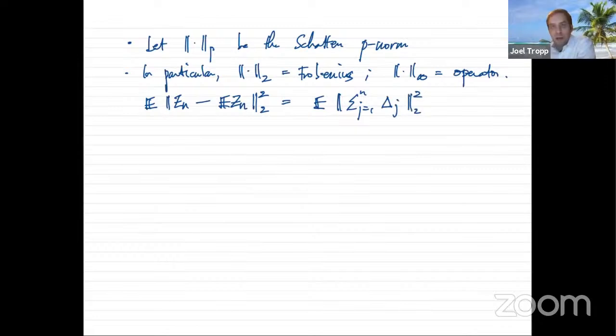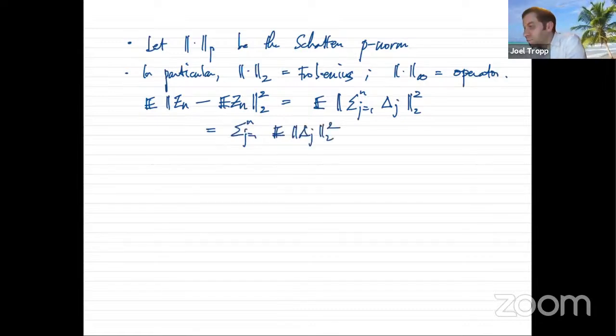Now, this is a martingale in a Hilbert space because the Frobenius norm induces an inner product geometry. And therefore, by orthogonality, this is simply equal to the sum of the expectations of the delta j squared. Okay, so this is orthogonality of martingale increments in an L2 space, in an inner product space. Okay, so there's nothing fancy happening here.